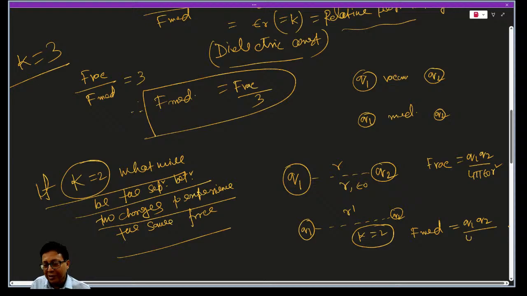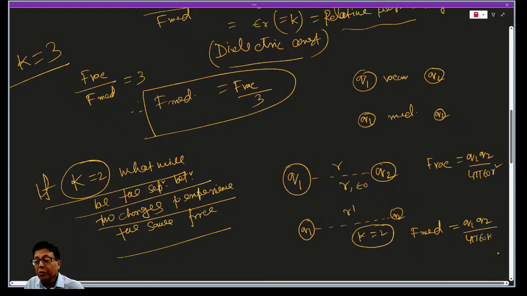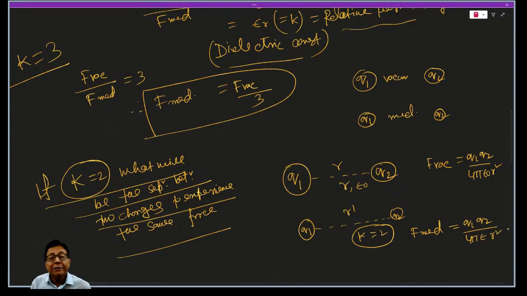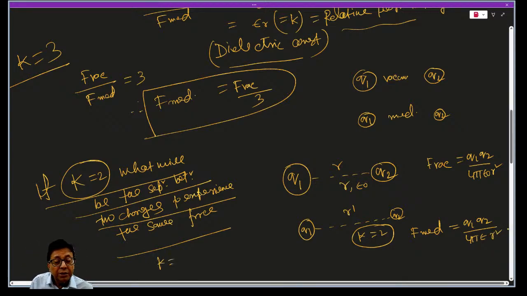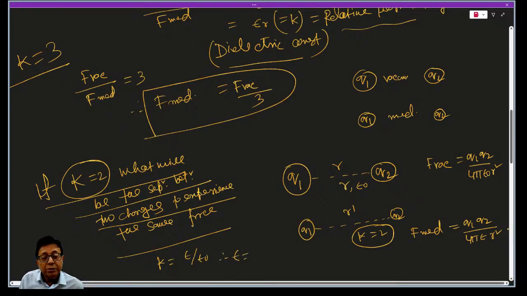Q1 Q2 by 4 pi. Formula how do you write? Just epsilon 0 into K. Because you have to write the permittivity epsilon. But that epsilon is what? K equal to epsilon by epsilon 0. So epsilon going to be K into epsilon 0.